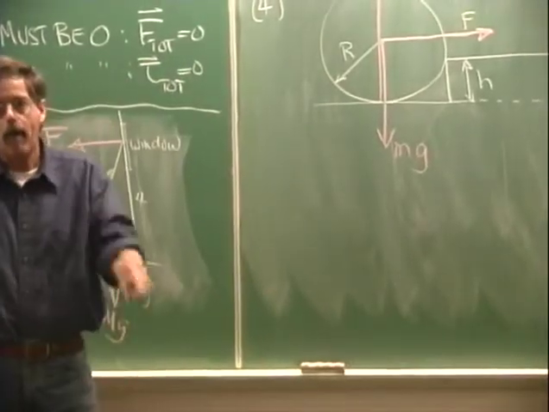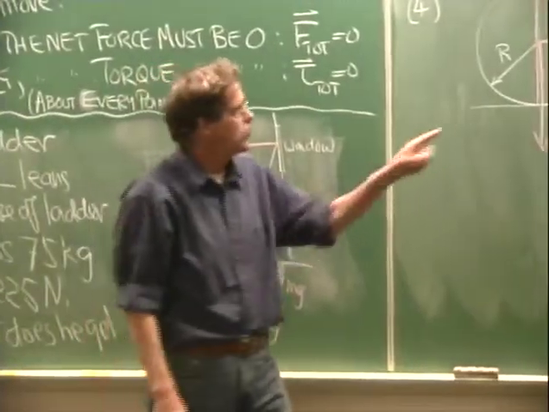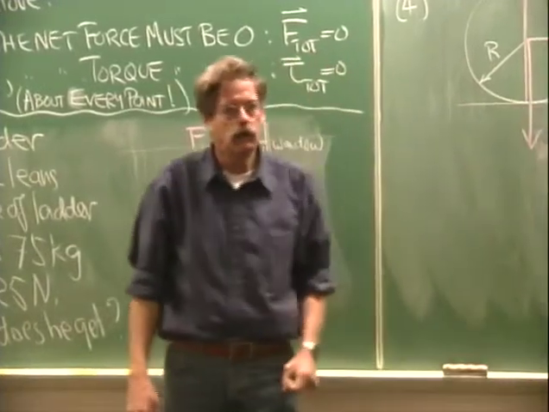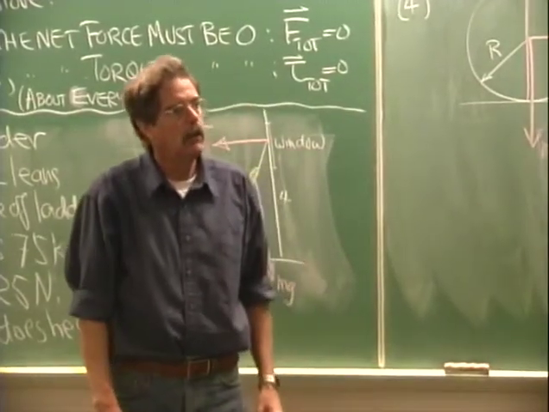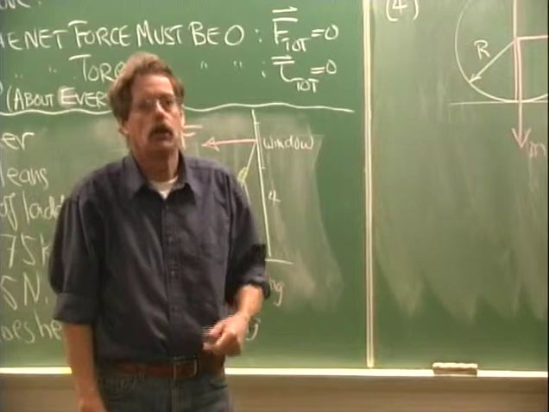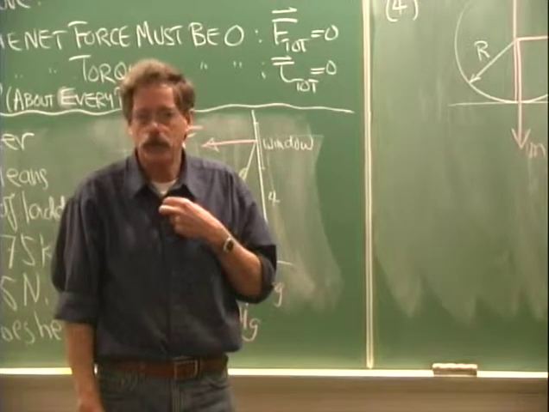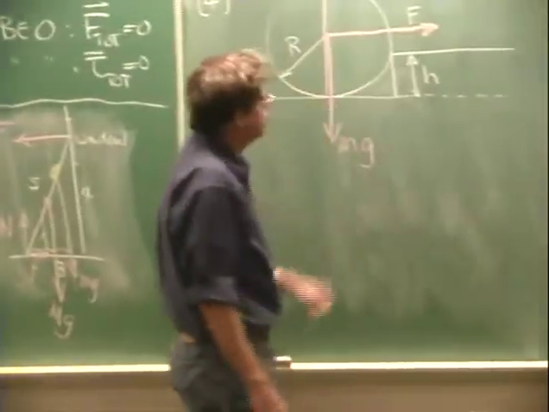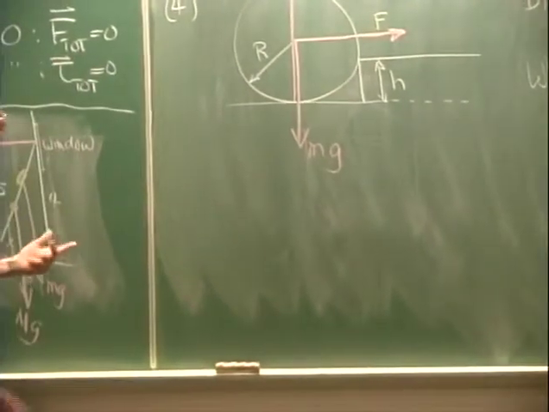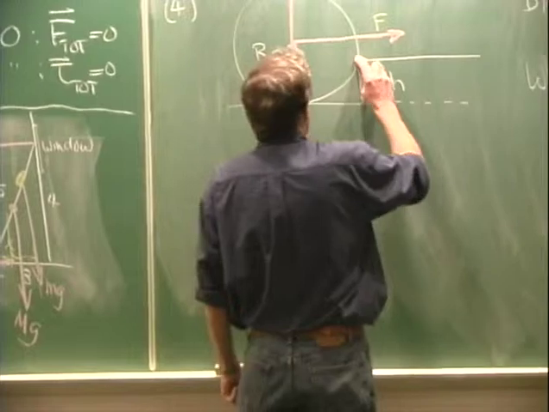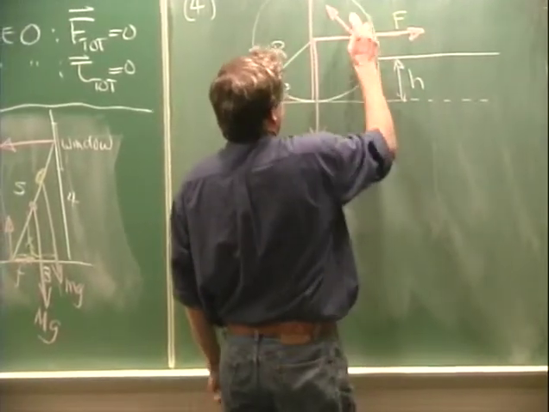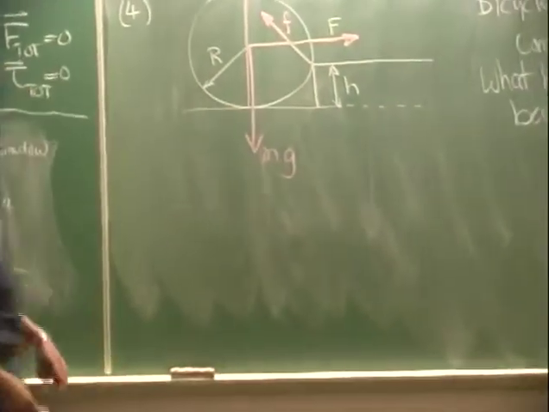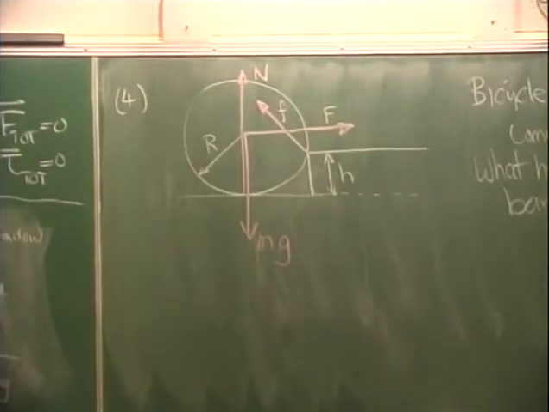And now, bad news, I've got the force exerted by the curb on the rim of the bicycle wheel. What on earth is that force? I don't know. What direction does that point in? Some people tell me, well, it obviously points toward the center. I'm not sure what direction it points. But there's some force there for sure. Let's just call it little f, and it's pointing in some direction that I don't know anything about.